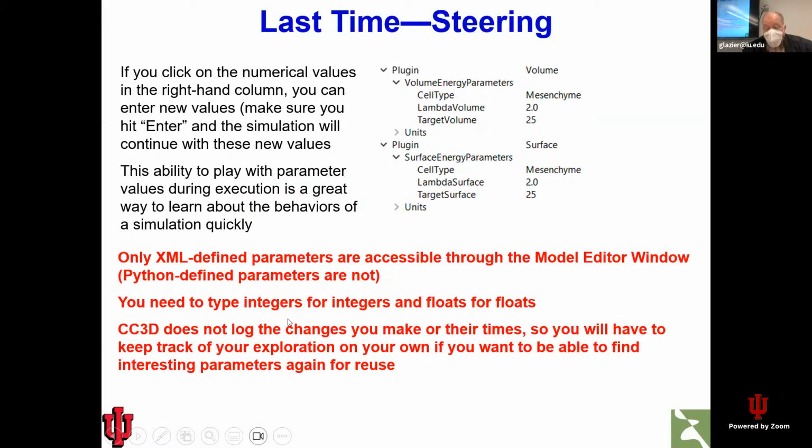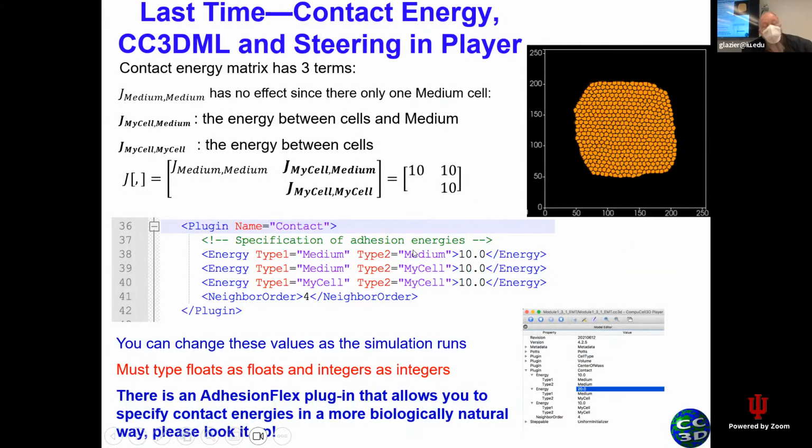Medium and medium doesn't really exist because there's only ever one medium cell. So you could give that any value you want. Then you have a contact energy between medium and your cell type A, your first cell type. That number is meaningful. Then you always are going to have an energy between the cell and its own type.